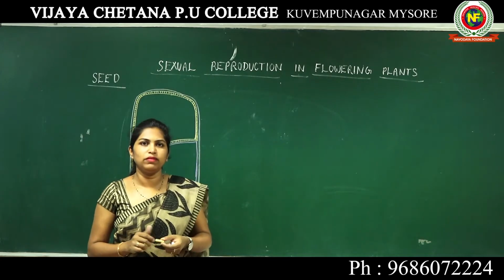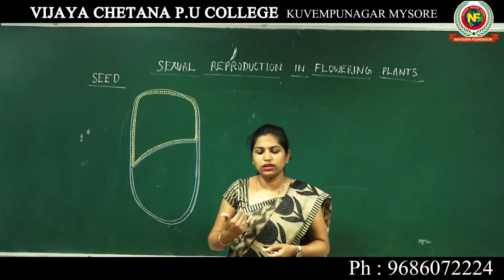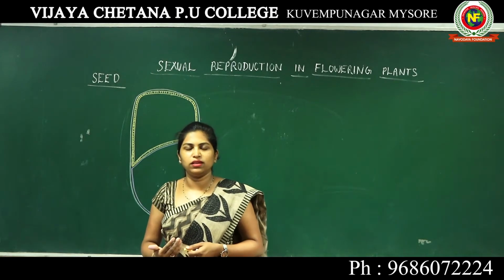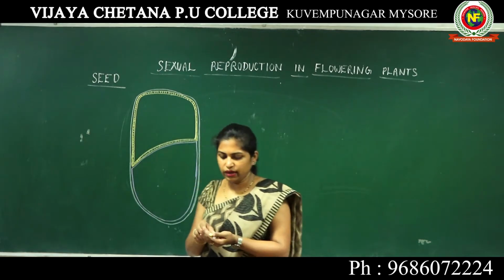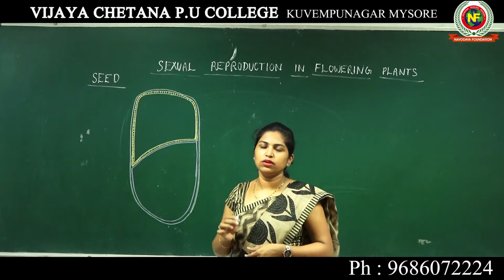The next topic we will be dealing with is seed. Okay, after all these classes you should now be able to explain easily what a seed is. Seed can be generally represented as a fertilized ovule.